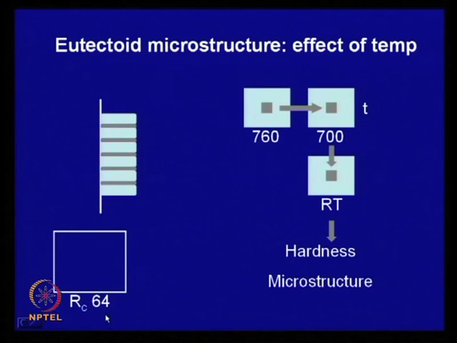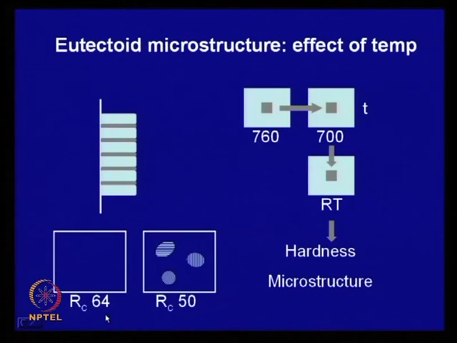Next, look at another which has been kept for a little longer time, and here you see some nodules of a lamellar structure forming, alternate layers of ferrite and cementite. When these nodules are growing, they etch very easily. This will etch very lightly, and we will see its microstructure a little later.